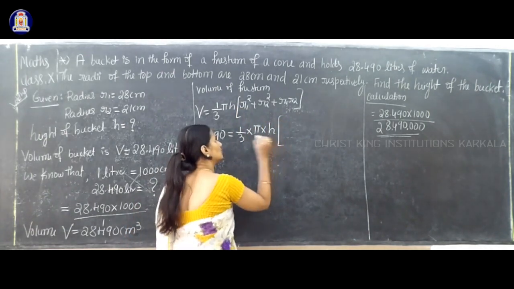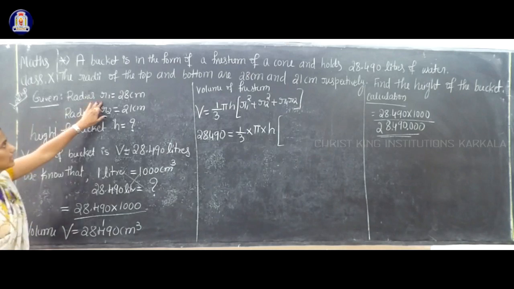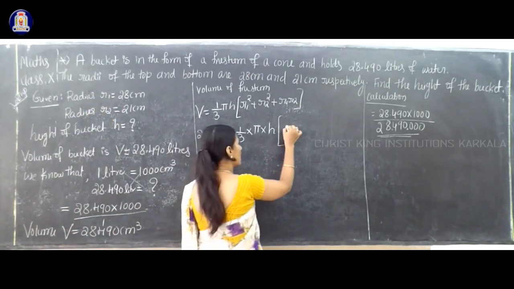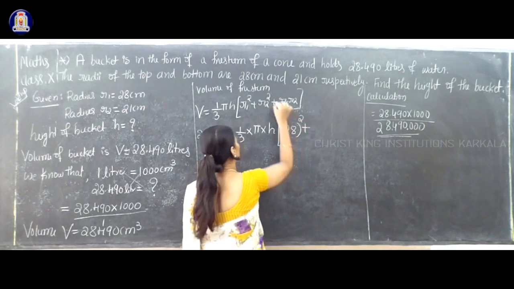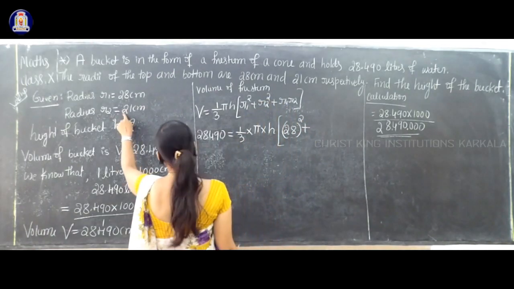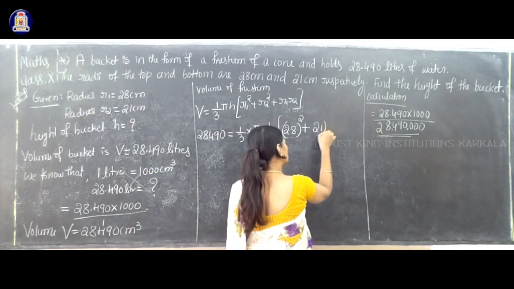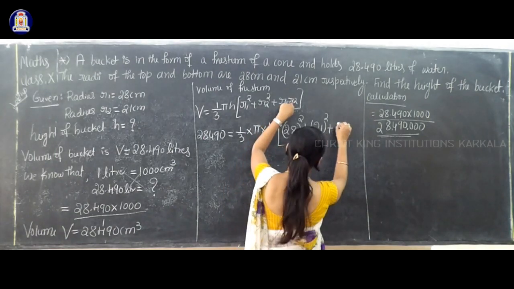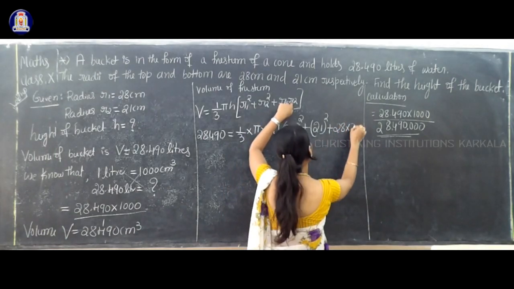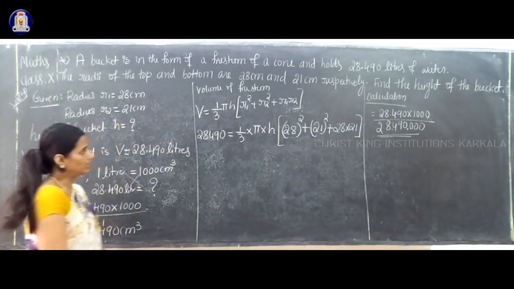R1 is 28, so R1 square is 28 square, plus R2 is 21, R2 square is 21 square, plus R1 into R2, which is 28 into 21.